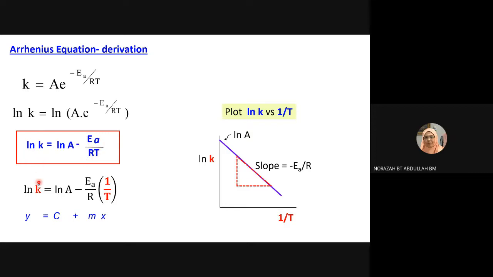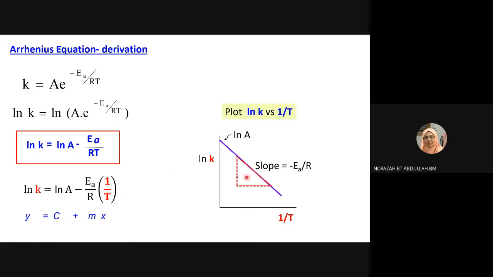So, sekiranya kita plotkan ln k versus 1 over T, 1 over T sebagai X, ln k sebagai Y, kita akan dapat graf garis lurus di mana slope-nya adalah negatif EA over R. Jadi nak dapatkan nilai activation energy EA, nilai slope itu gradient kali dengan R, 8.314, dapat nilai EA dalam joules. Kemudian convert kepada kilojoules.